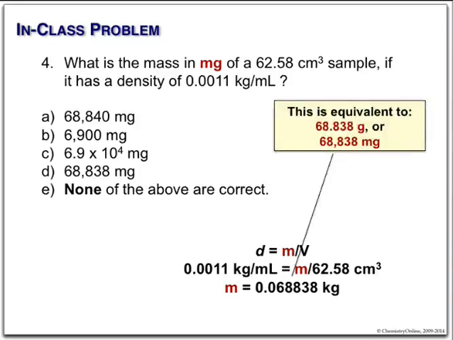Once we have grams, we're at 68 grams. We know that there are 1,000 milligrams in every gram, right? That's our ratio. So all we have to say is that this is 68,000 milligrams.